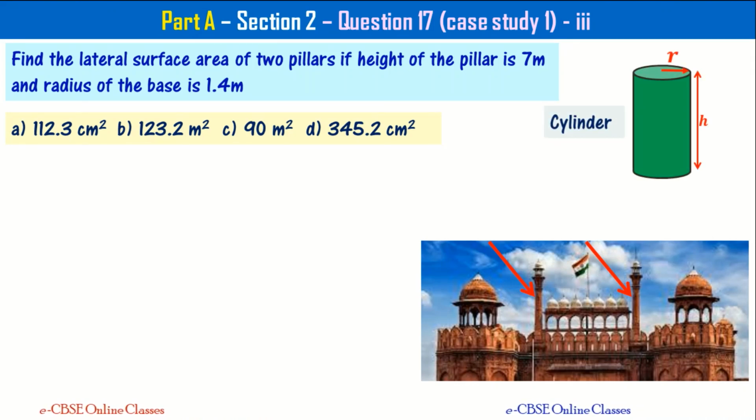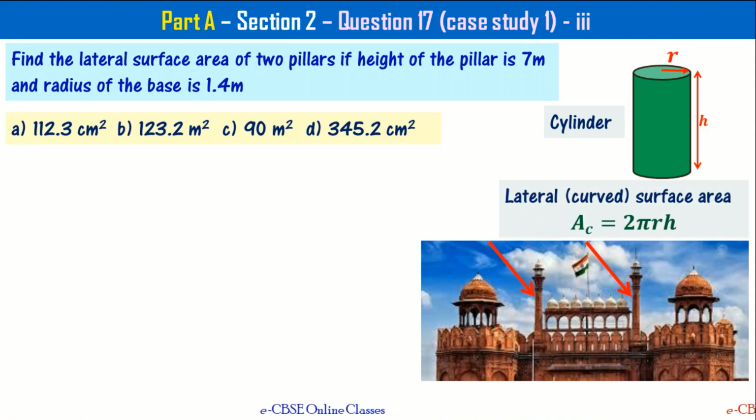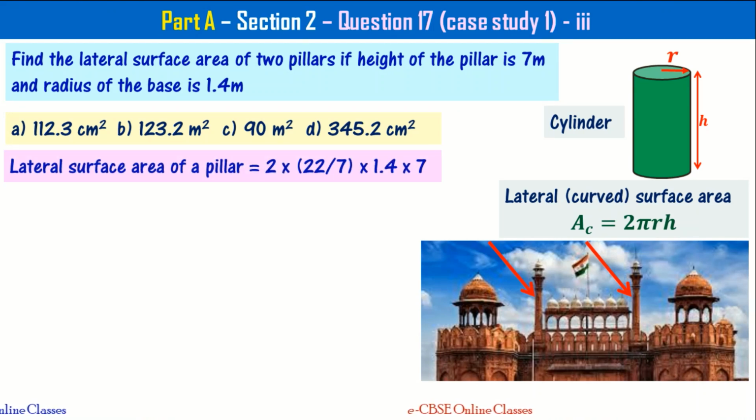As you see here, for a cylinder of radius r and height h, the lateral surface area or curved surface area is defined as 2 pi rh, right? So let's substitute the values of pi, r and h to find the lateral surface area of a pillar, meaning we are calculating for one pillar, that is 61.6 meters, right?